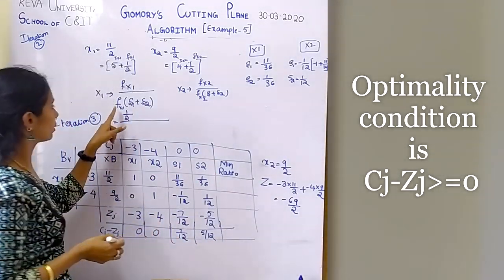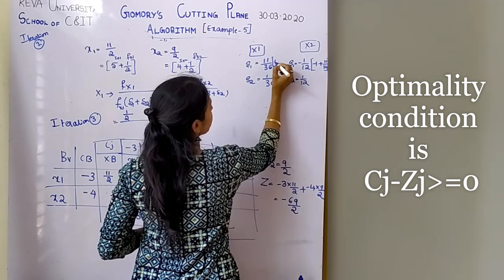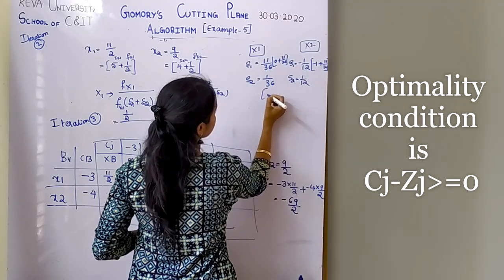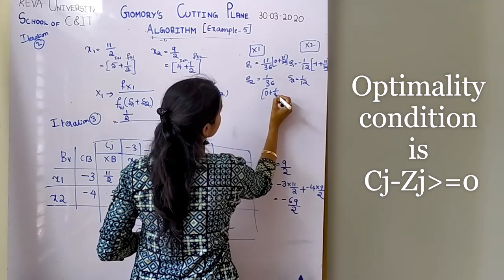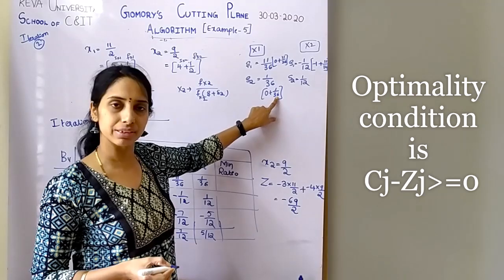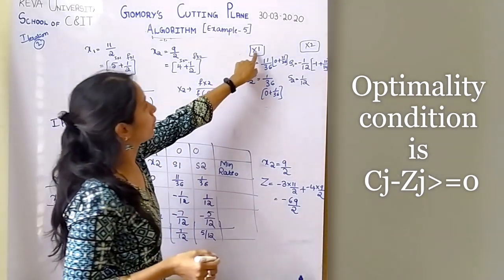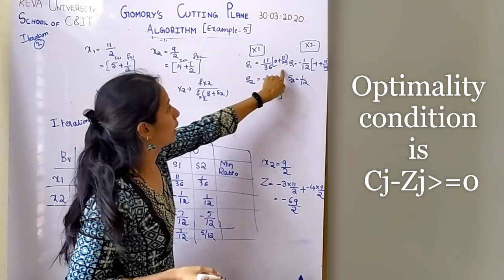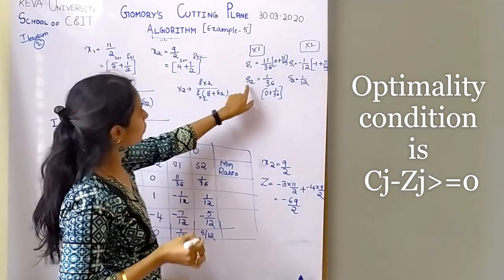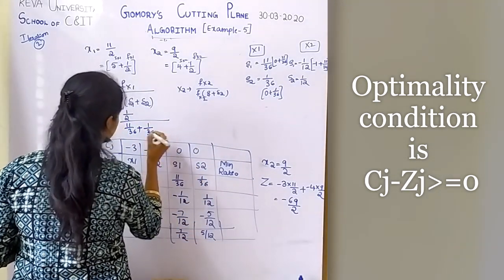Now you consider this. How will you represent this? This can be represented as 0 plus 11 by 36. This can be represented as 0 plus 1 by 36. This is the integer part, this is the fraction part. So, fractional part of s1 for x1, 11 by 36 plus fractional part of s2, 1 by 36.